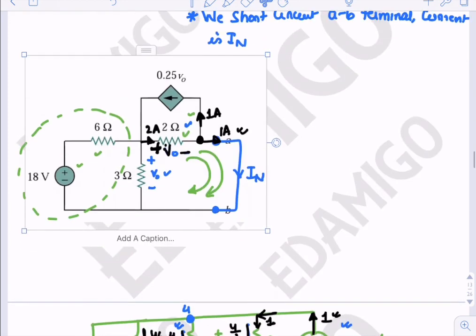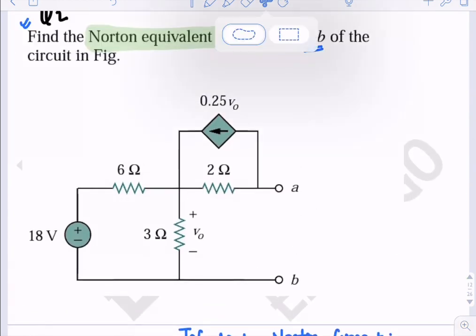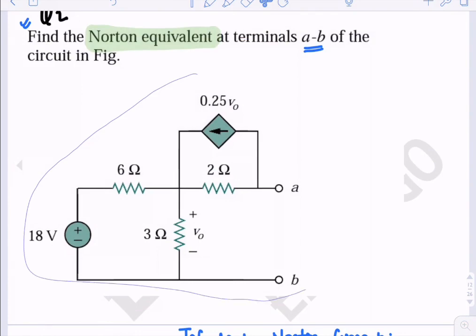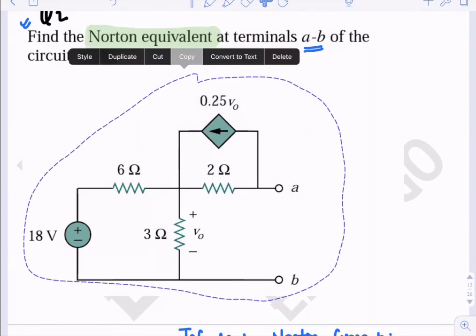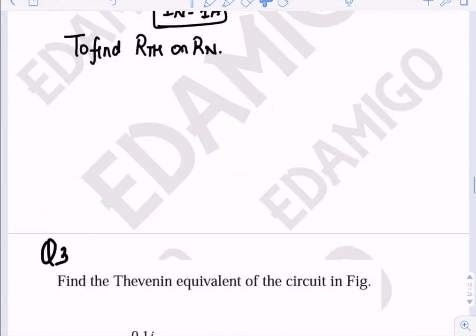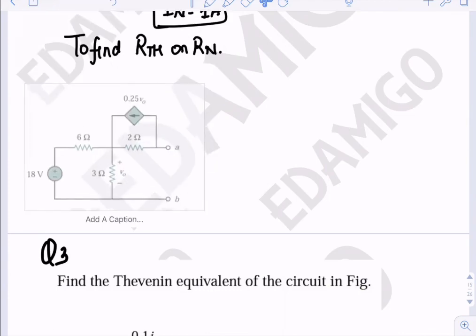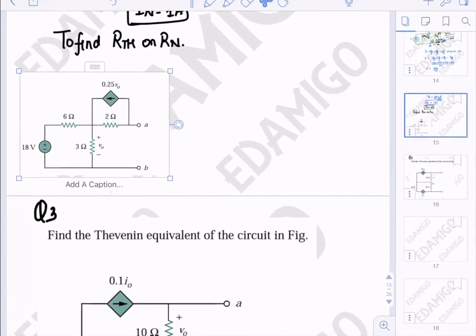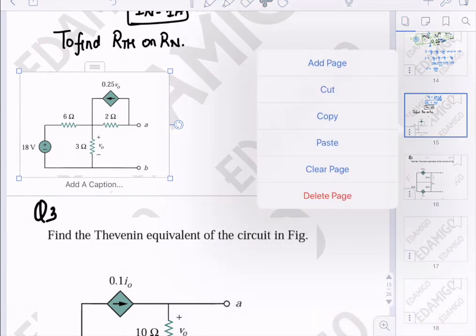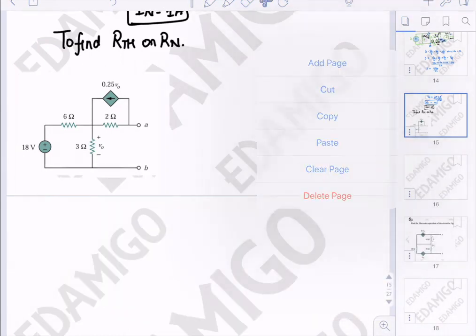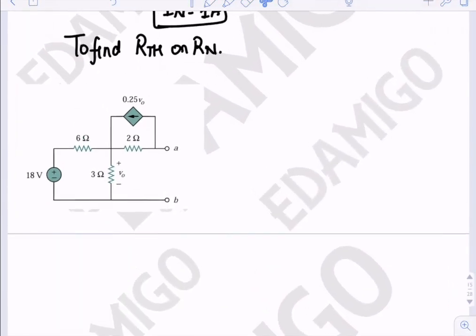But it will have a lot of this. So I will copy it from here. I need to add pages, at least 2. Now let's solve for RTH.